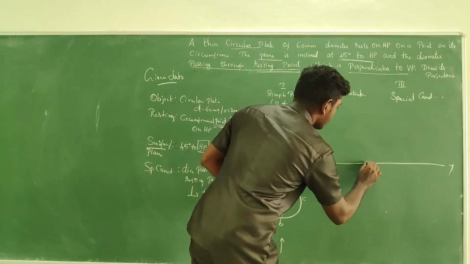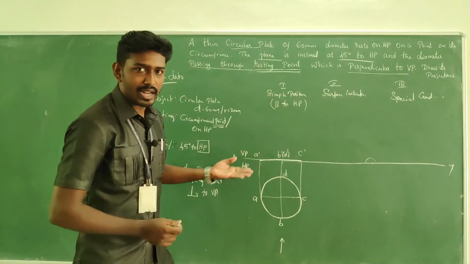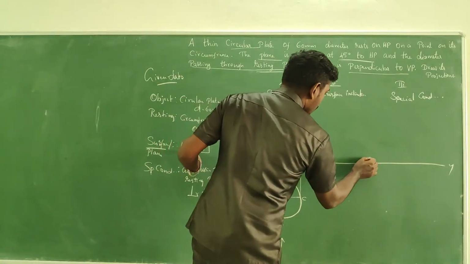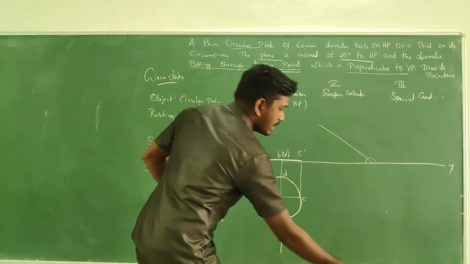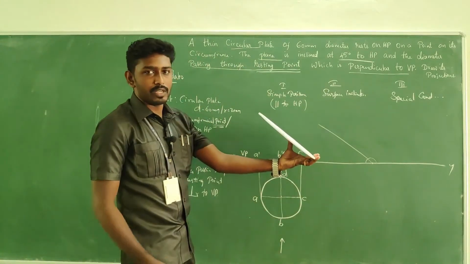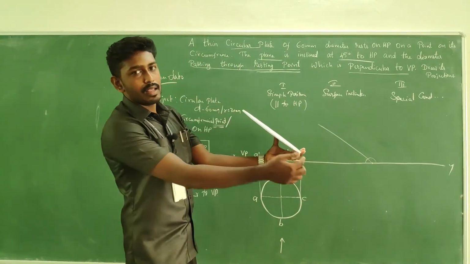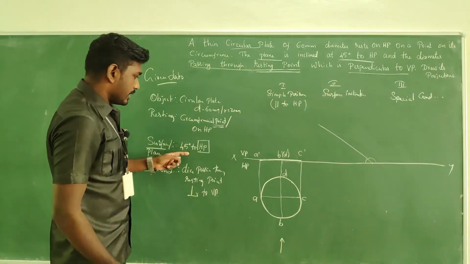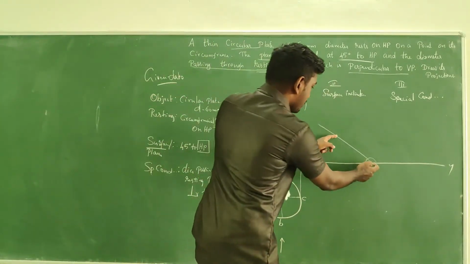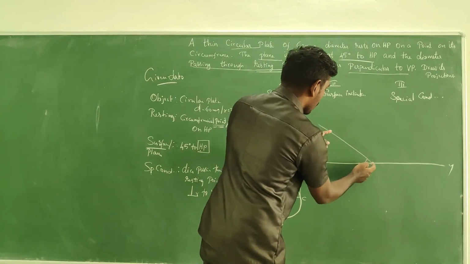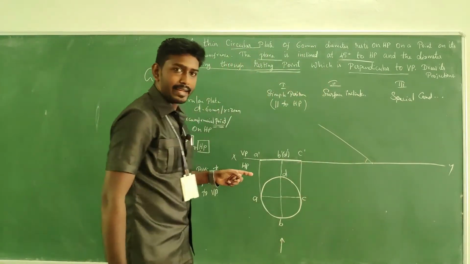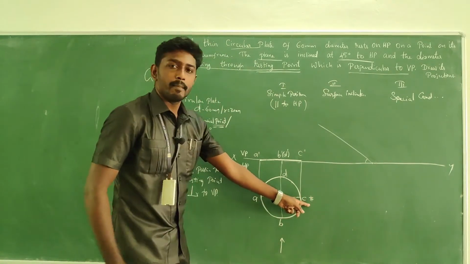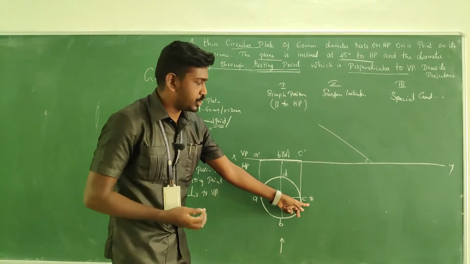So take a point on the reference line and measure 45 degree. Just go for an inclined line, since we incline the object something like this. So we are taking from right to left. Then the same line should be taken above the inclined line. So this C is the resting point on the HP.